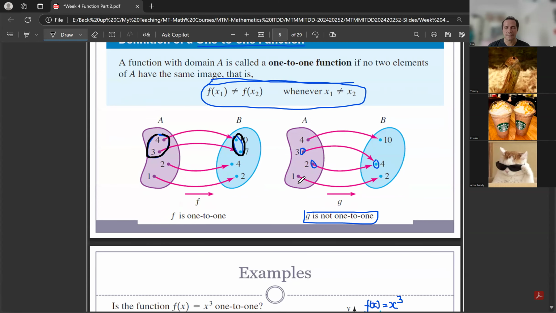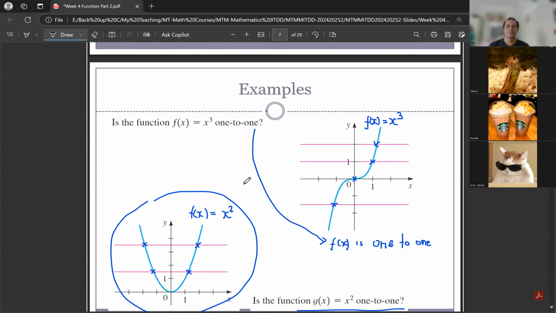This is a function, but this is not a one-to-one function because we have two elements in B that come from two different elements in A. And the graph of a one-to-one function can be tested by using a vertical line here. This is a vertical line, and we can see that the intersection with the curve is only at one point.